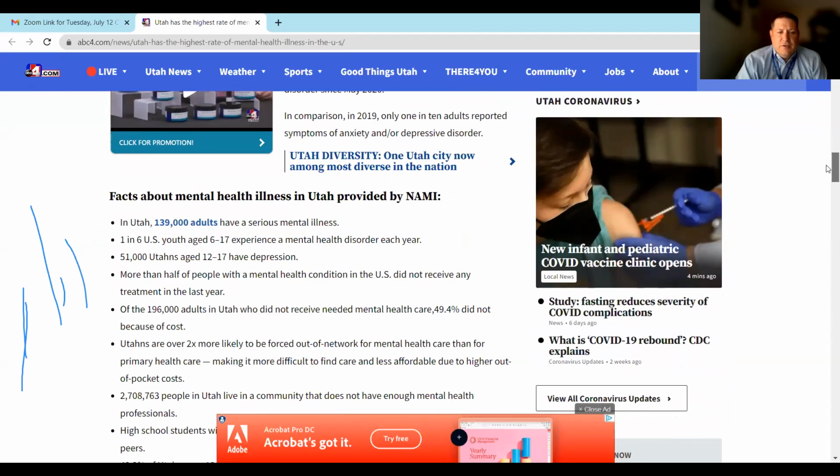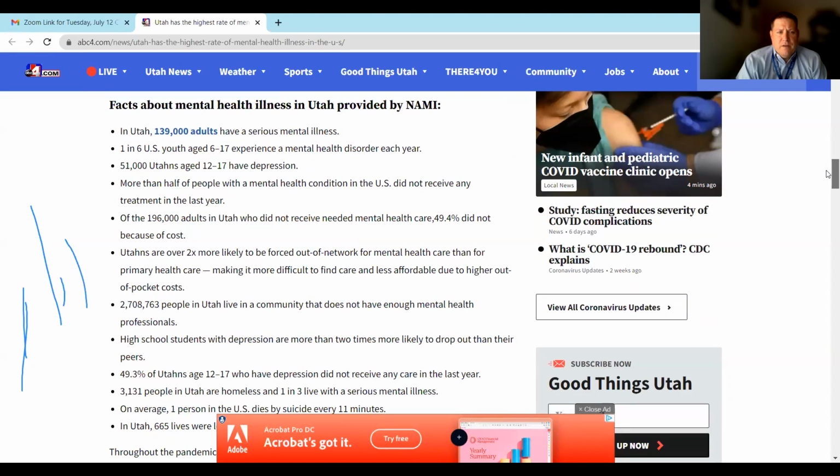And as you scroll down, you can see they're talking about children from the age of 6 to 17, adolescents from the ages of 12 to 17, and depression rates and mental health disorders. You can look at some of the statistics that they put together.